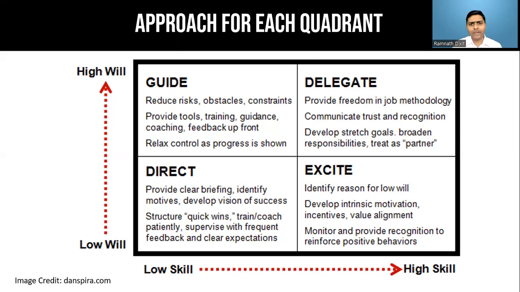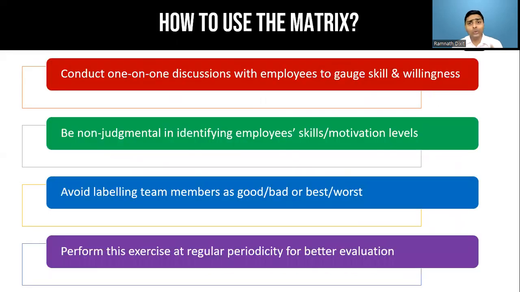Let's understand a few more details around how we use this matrix. Now, all of these dynamics will work only when you know how to use the matrix really well. So one very important thing in all the four cases is to have one-on-one discussion with people. Now, why is this discussion important? Because you need to tell people where they're lacking, or you need to tell people where they're doing good.